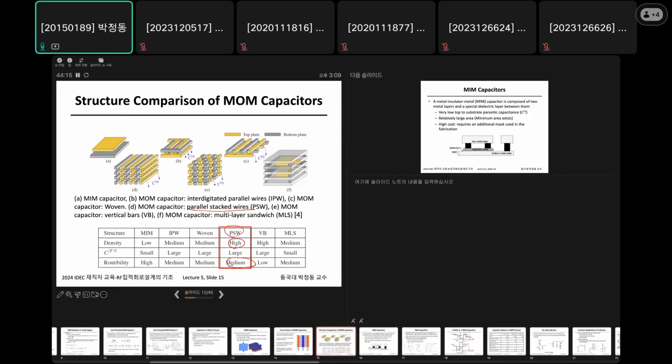Routability is also important, right? However, as can be seen here, except the MIM capacitor, all of those MOM capacitors have a high CP, okay, high CP. You have to avoid this by chopping off the bottom layers.